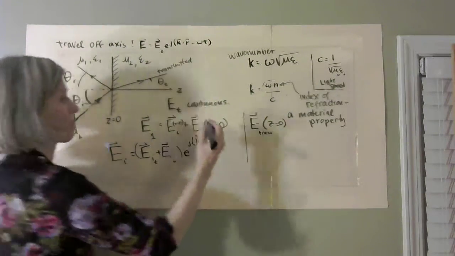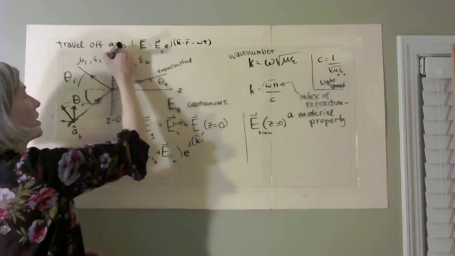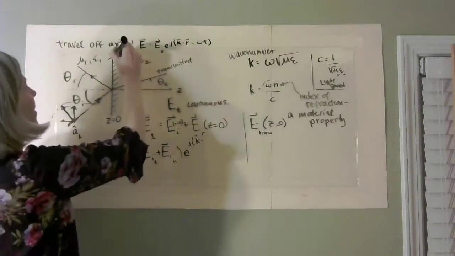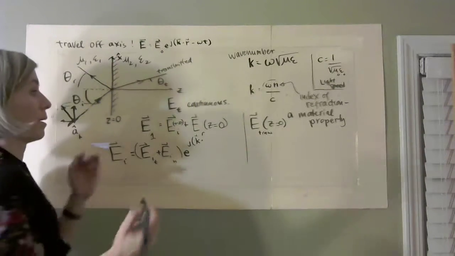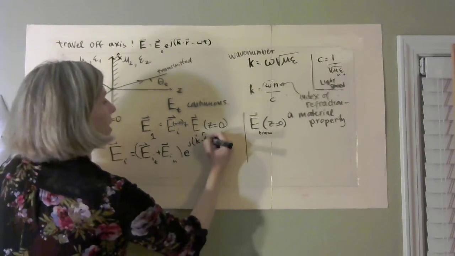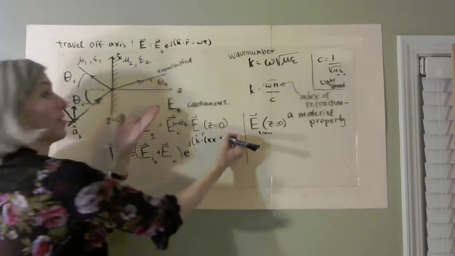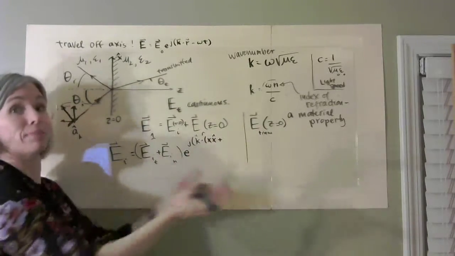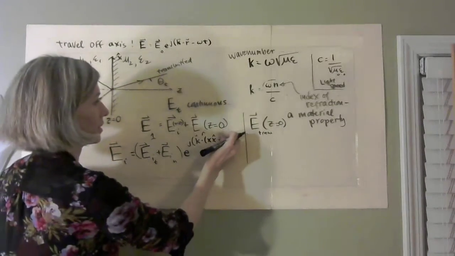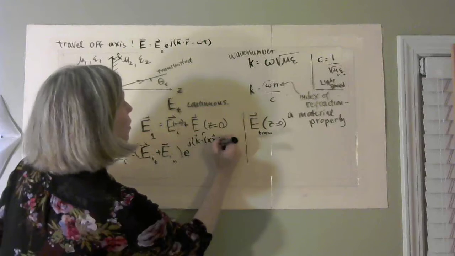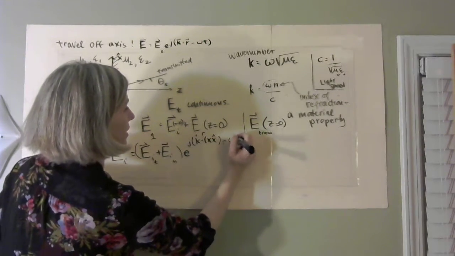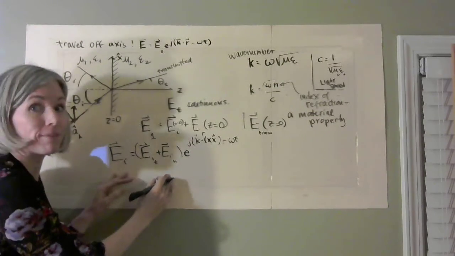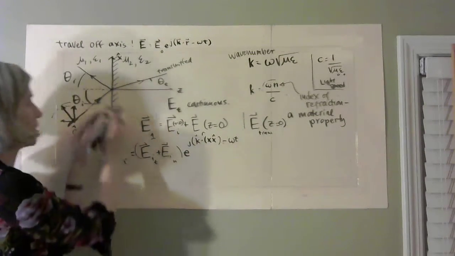Let's just stick to the XZ plane. We've flipped everything around so that this is planar, and call that the x-axis. K dot r, which is k dot x hat plus z hat, but z is 0 at the interface, minus omega t.